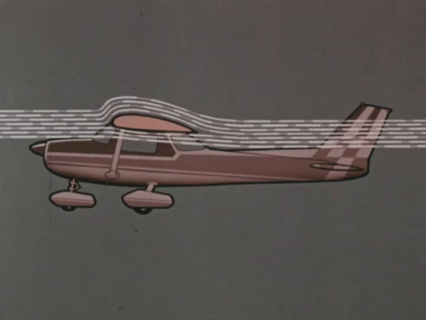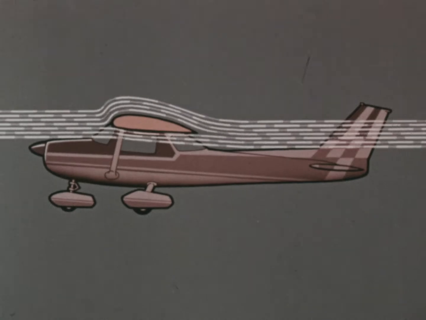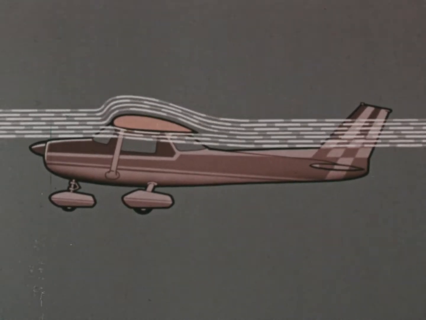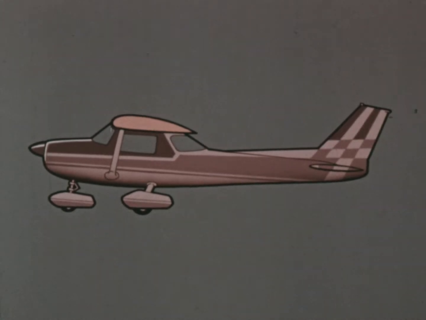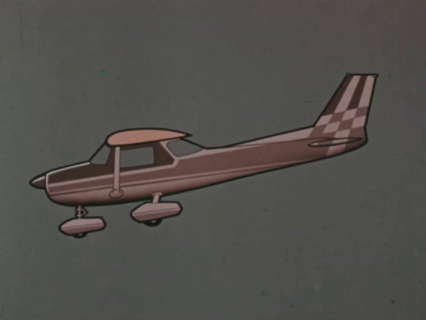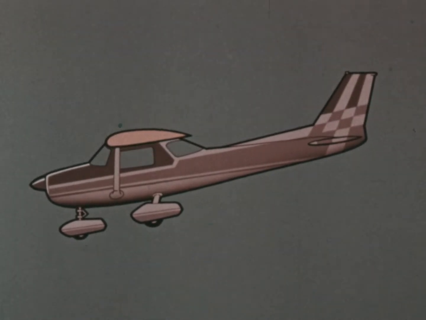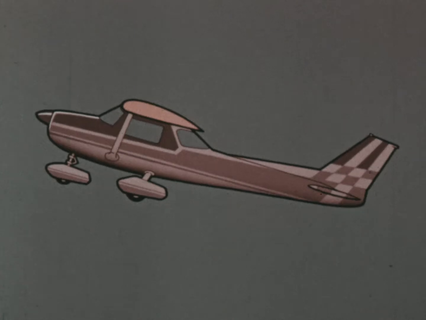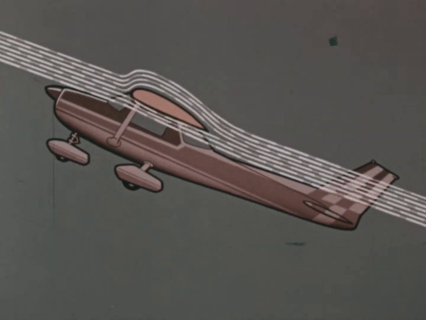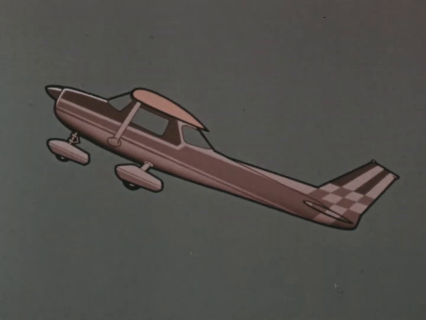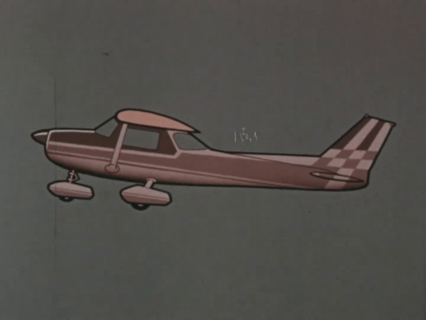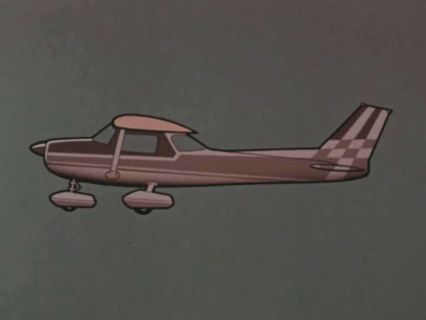The stall can also occur in level flight. At normal flying speeds, the angle of the wing to the relative airflow can be maintained whether the airplane is in level flight, on a descending flight path, or climbing. Always provided that the speed is within normal limits.